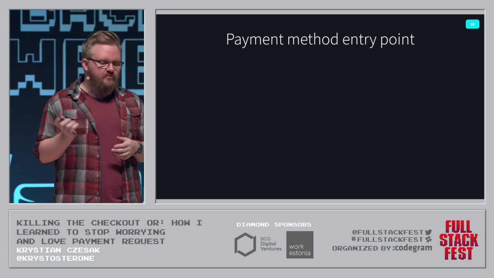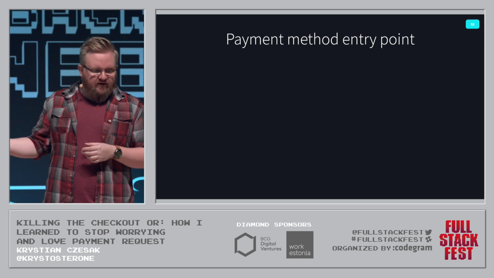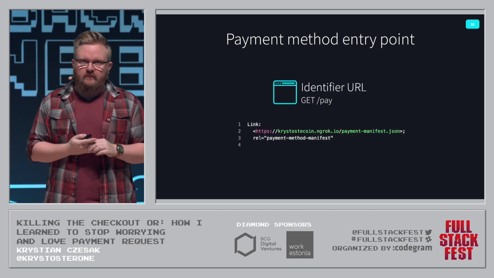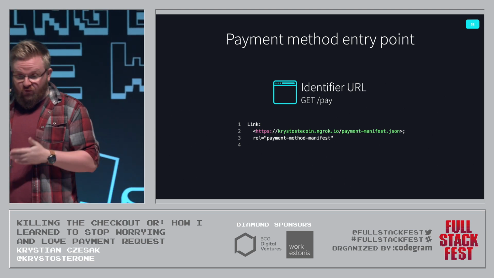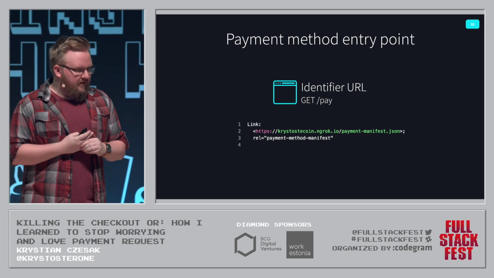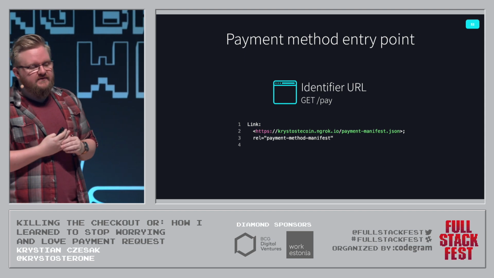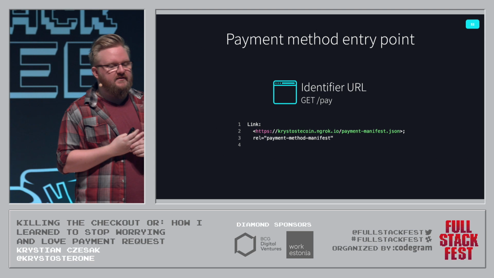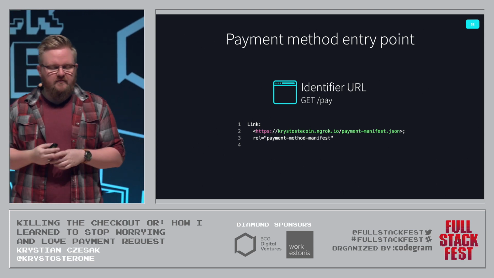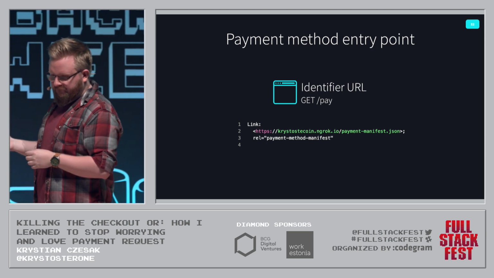Now, for the payment method entry point, as we said, we have this /pay route that has no content. It gives us back a link header pointing to the payment method manifest. So in this case, on payment method manifest.json.